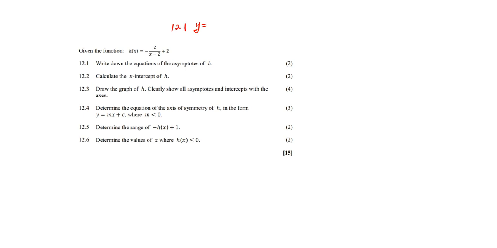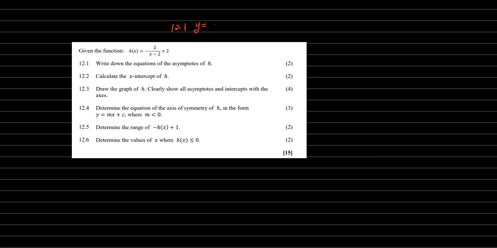Let me bring in a different background. Let's use this one as our background. The first one, we will have y equal to 2. And then the second one, which is the value of x, will have x equal to 2.